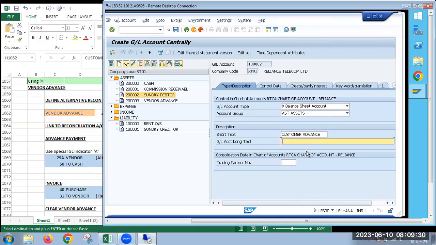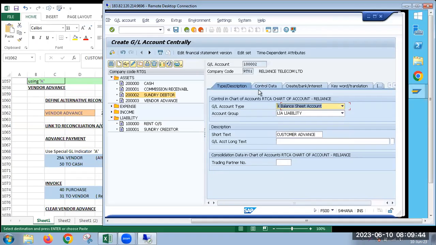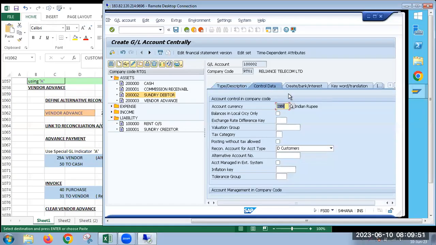Is there any change required? Asset group? Yes, this is a liability, so it should be liability. The rest of the areas we can keep the same, no changes required. That's why we copied the account.